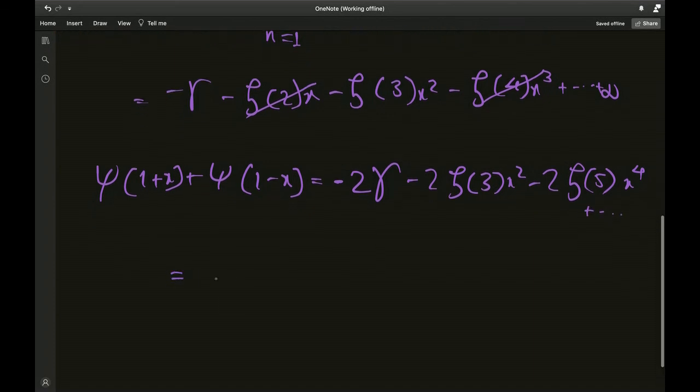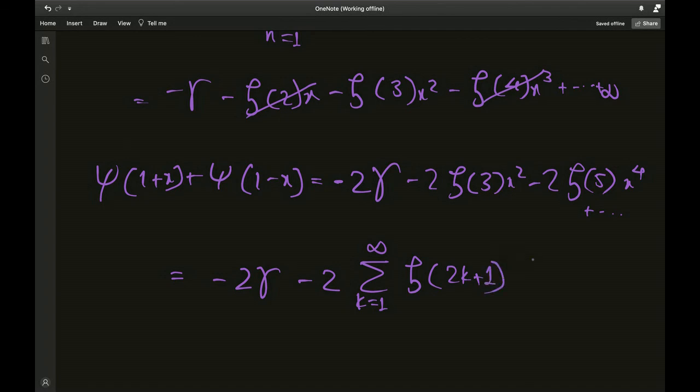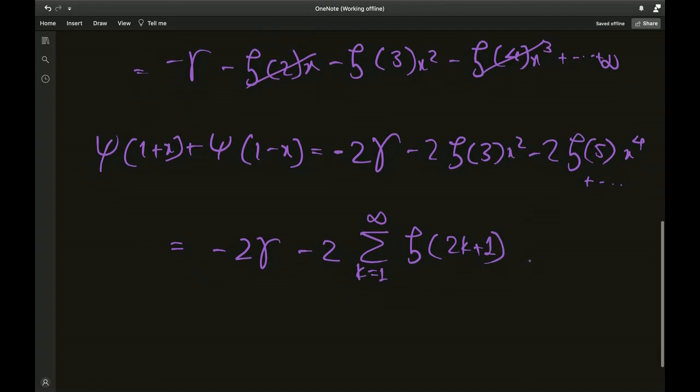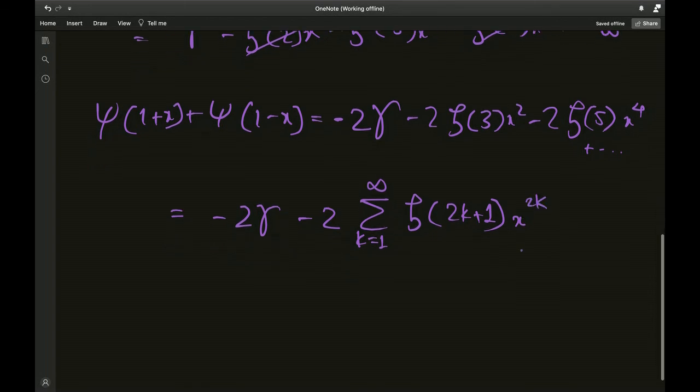So to generalize this, we have 2 times the sum from k equals 1 to infinity of Riemann zeta of 2k plus 1 multiplied with x to the 2k.